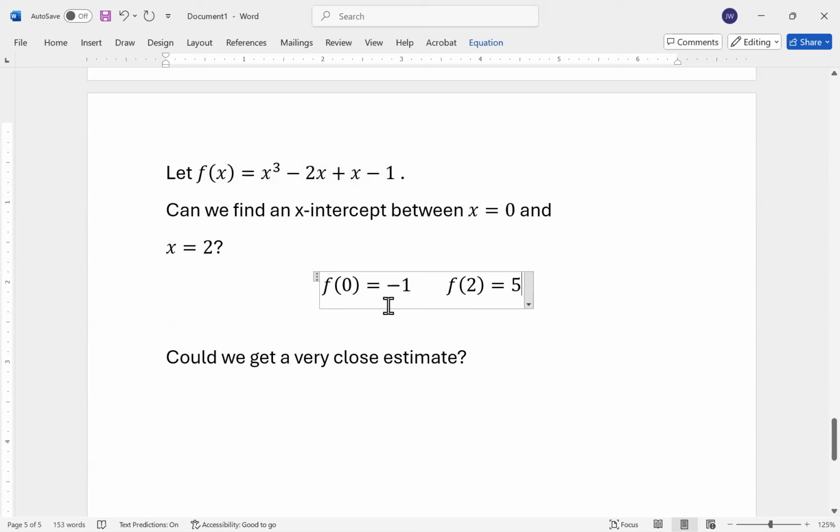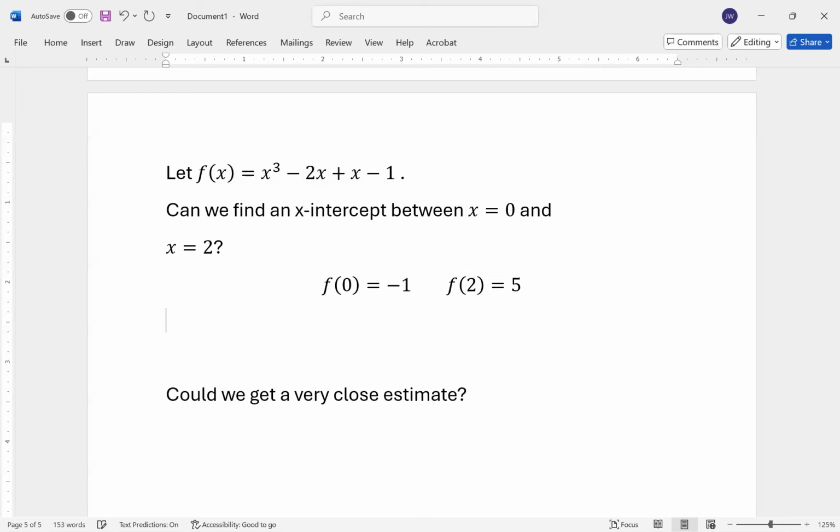This means that somewhere between the x value of 0 and the x value of 2, every number between -1 and 5 is hit. And in particular, there will be a number between 0 and 1 that is a 0 of the function.